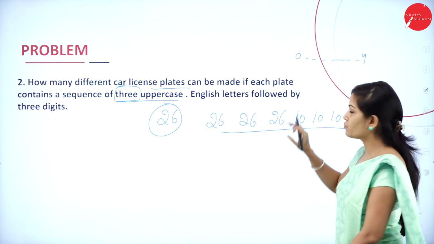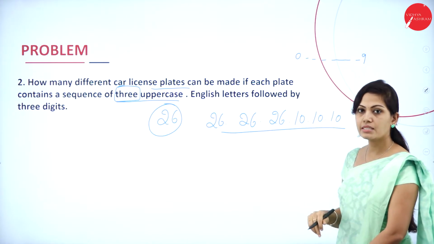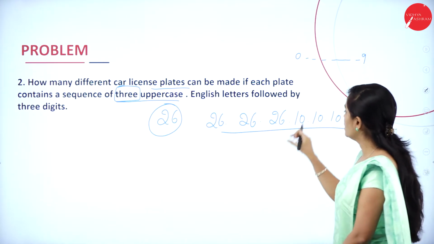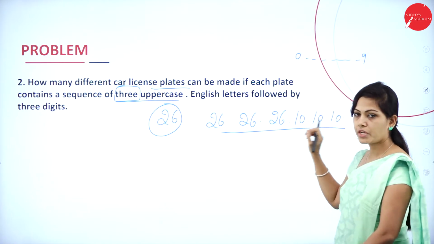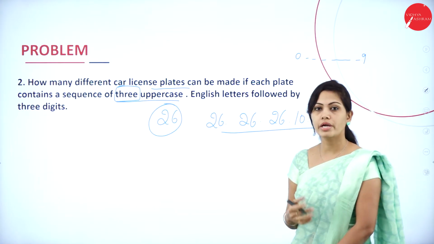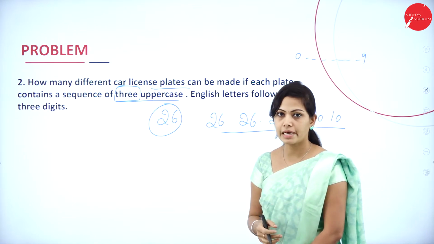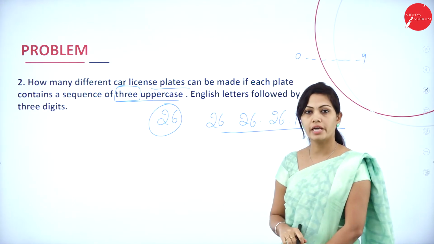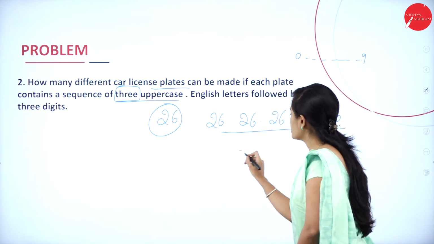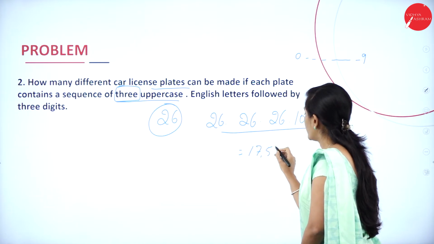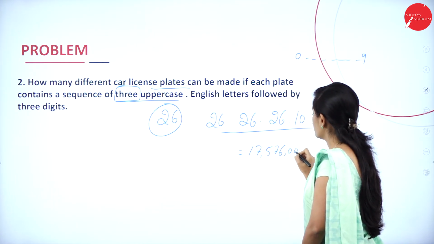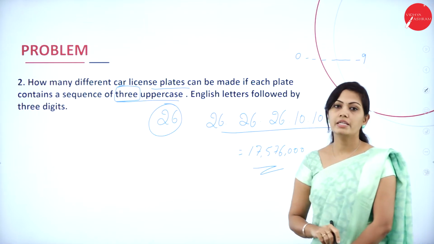In digits, we have 0 to 9, that is totally 10 digits. So multiply these terms, you can use a normal calculator, and you can find the final answer. So the total answer is 17,576,000. This is the final answer.